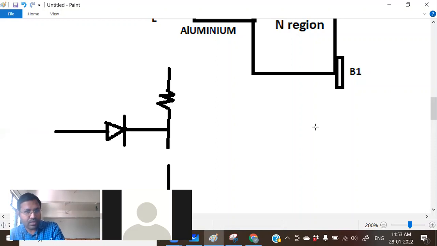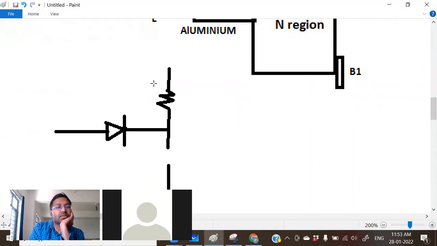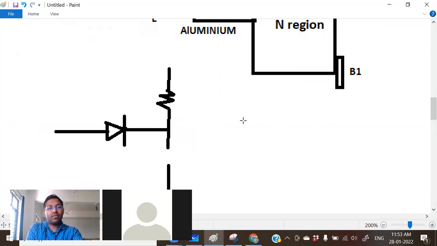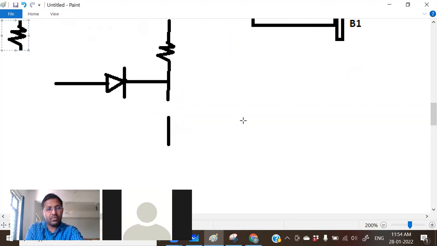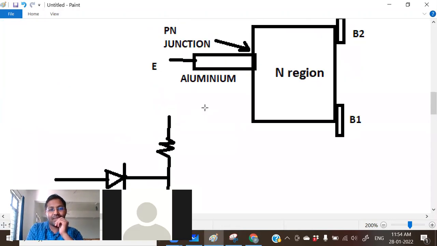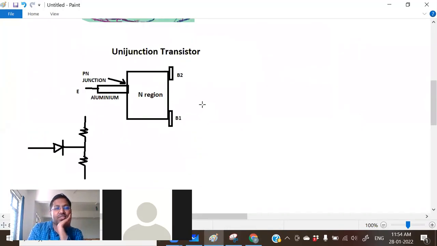Please take this as a resistor. Next, the same resistor. In fact, you have one more resistor at the bottom. Fine, so this is the equivalent of the unijunction transistor.